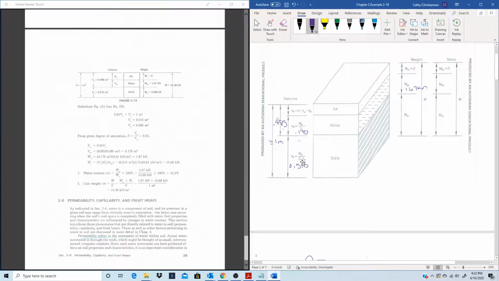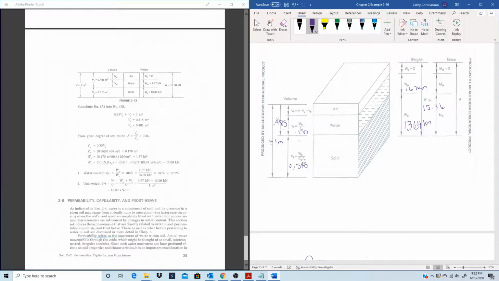So 0.515 times the specific gravity they gave us, which is 2.71, times unit weight of water gives me 13.69 kilonewtons. If you add the two together to get the total weight, I've got 15.36.